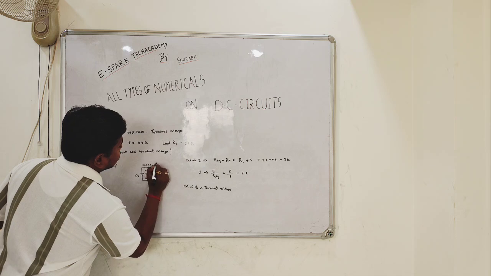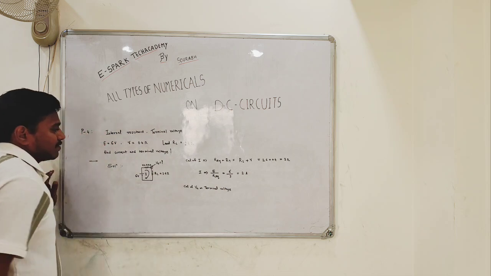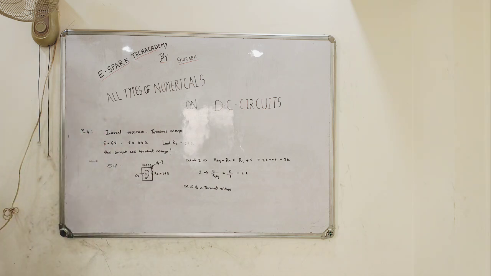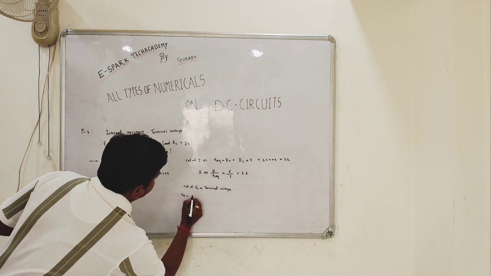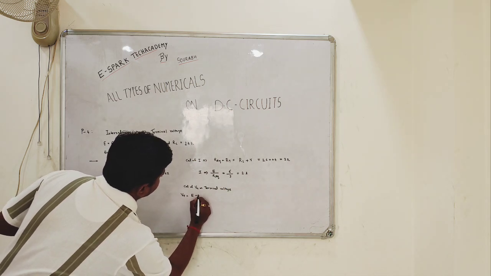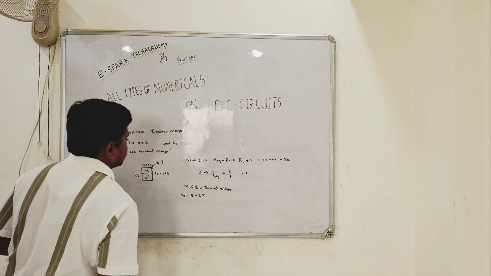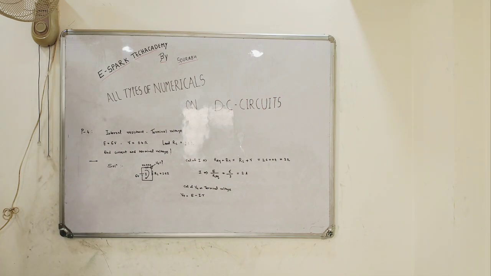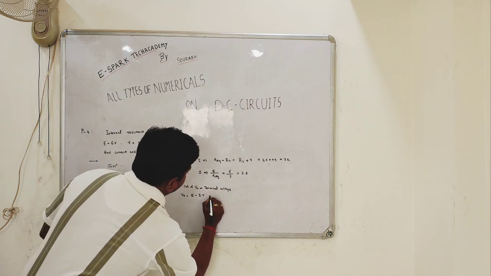Here, the VT we have to calculate. Terminal voltage will be nothing but E minus the current flowing through the internal resistance, that is, I into small r.